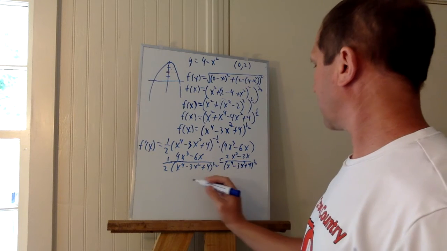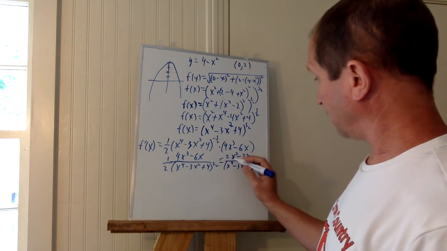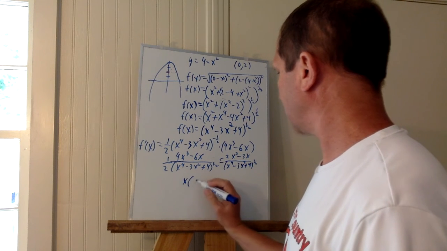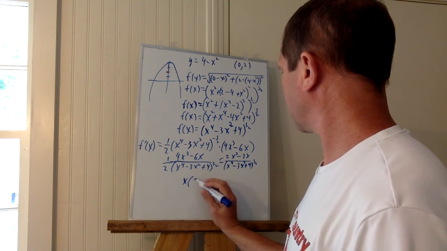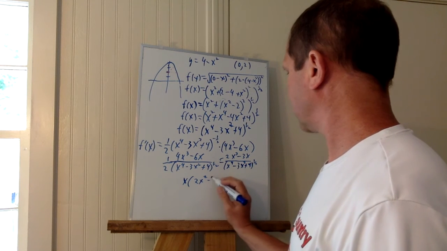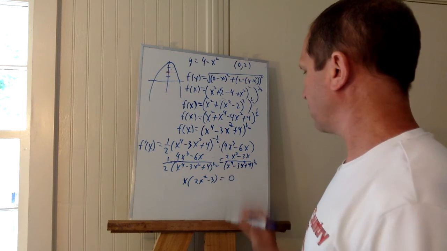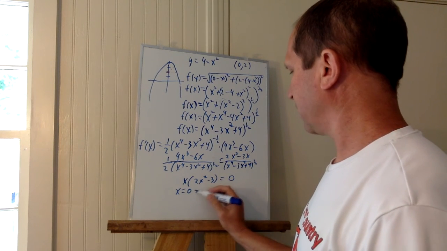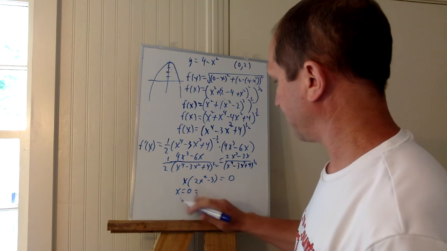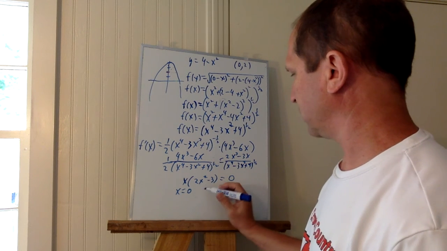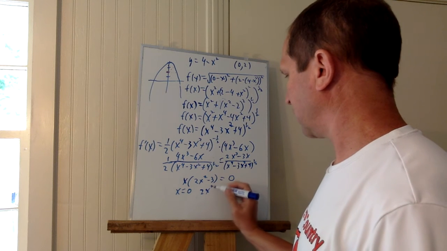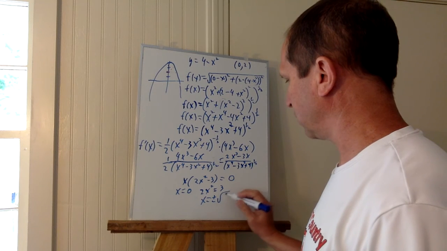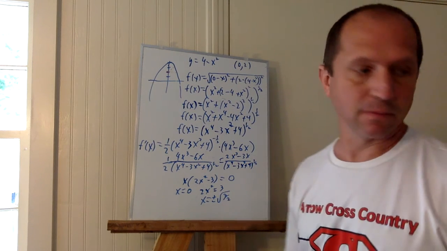So let's factor out an x from this. So this would be x times 2x squared minus 3. So we want to set both of those parts equal to 0. So x equals 0, and then setting this portion equal to 0, we get 2x squared equals 3, so x is going to equal plus or minus the square root of 3/2.